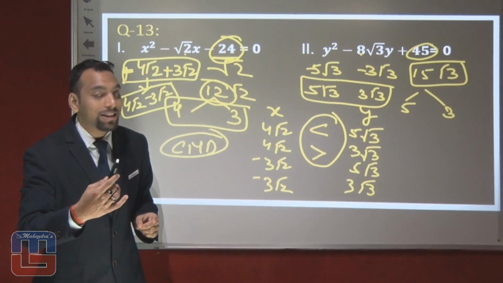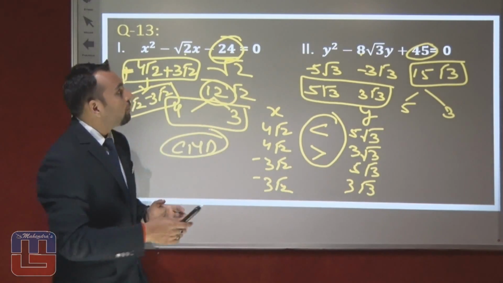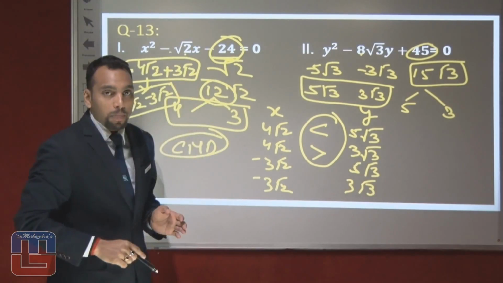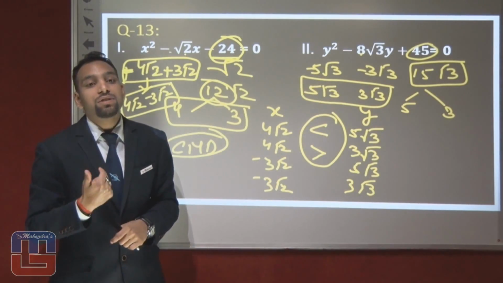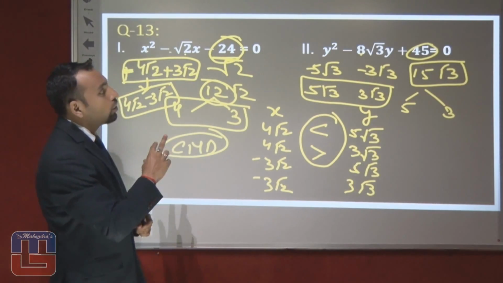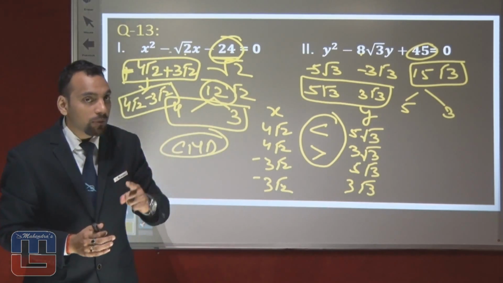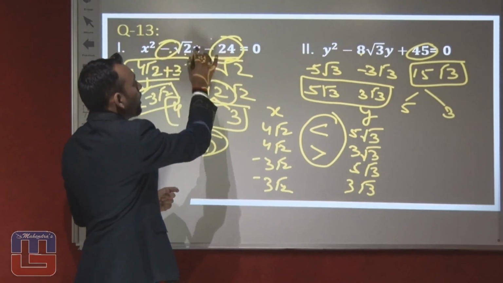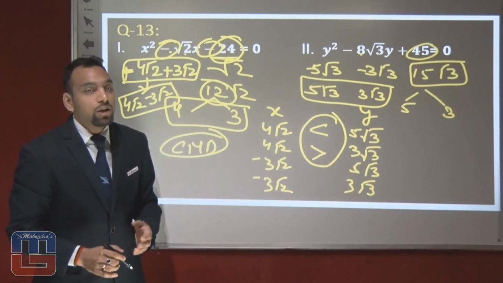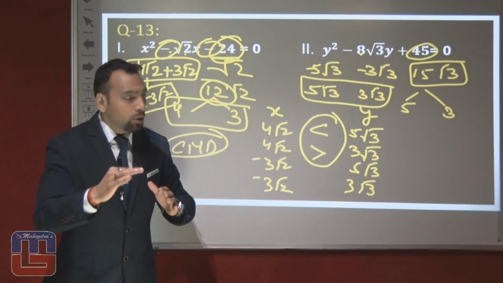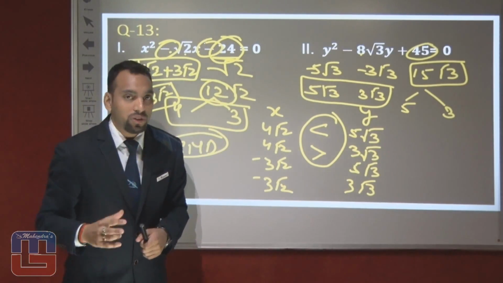But the trick is, as we discussed in the earlier inequality, if the sign is minus and here minus and plus, then the answer will always be C and D. So with the help of the signs you can easily identify the C and D options. One thing to keep in mind: this is minus and this is minus and plus, so the answer will always be C and D. So directly you can calculate by using this method, and you can also find the relationship between the two equations.